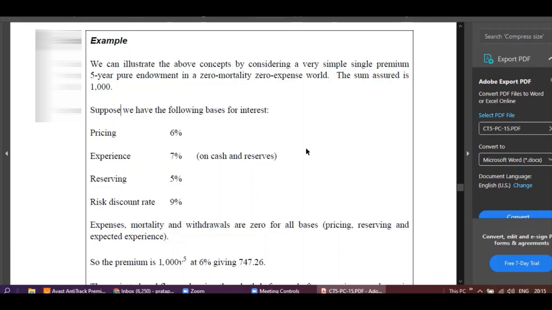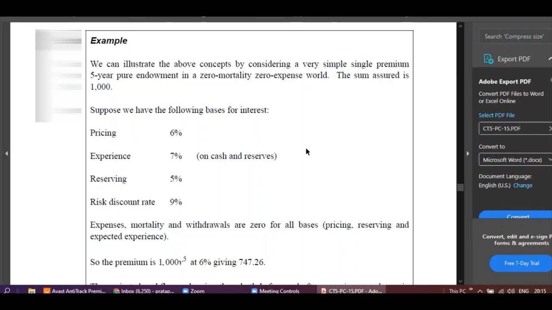When you use V power, remember, when you find profit margin and all those, only then will you use it. So if you have a normal profit testing problem, unit linked or the traditional one, you will use only the first three. Reserving means when you find reserves. Experience means whatever reserves you will keep.